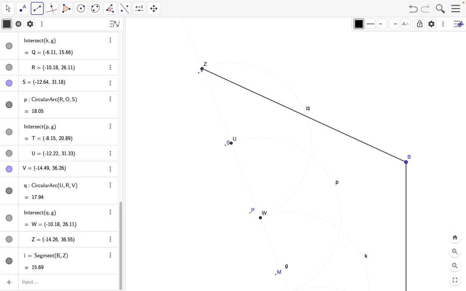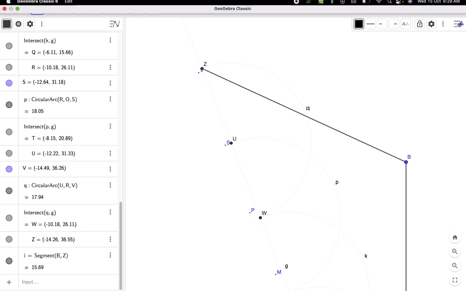Or you could do it by writing the commands itself, like segment B comma Z. Next we will draw the parallel lines from U, and W and all this, we will draw parallel lines.